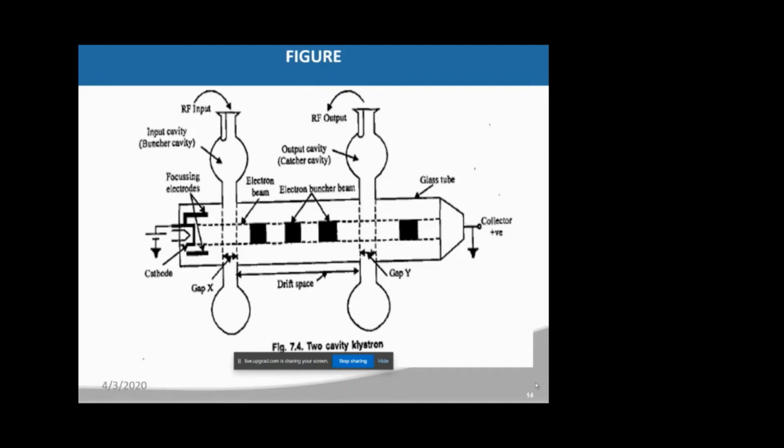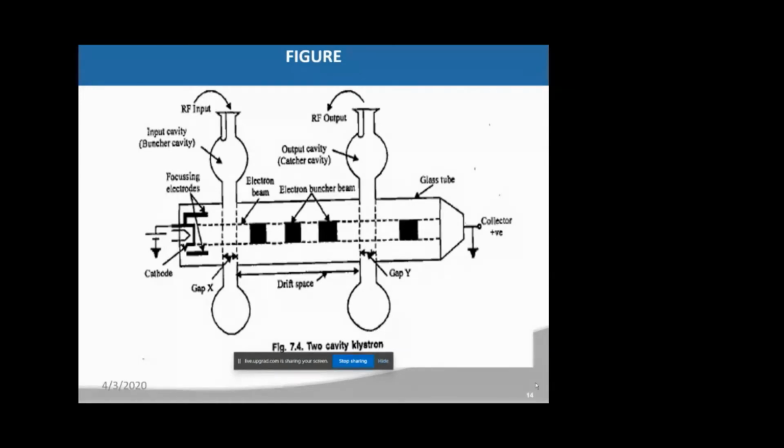Please carry on. We are discussing that when the electron is entering the gap x, the velocity of the electron is something different, and that we will calculate. When the electron leaves the gap x, it is velocity modulated because the RF signal is being applied here. So when the electron leaves the gap x and comes to the drift space, the velocity of the electron is something different.